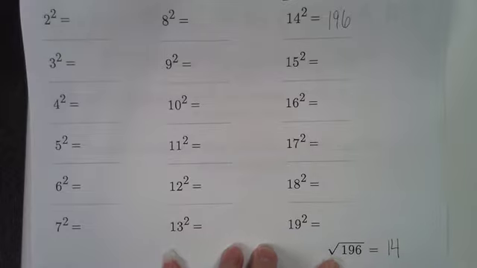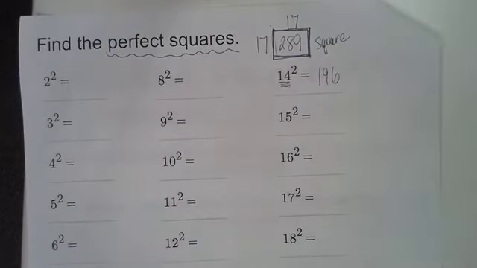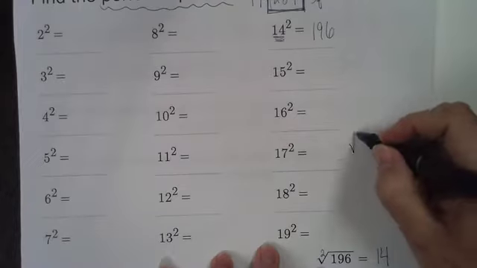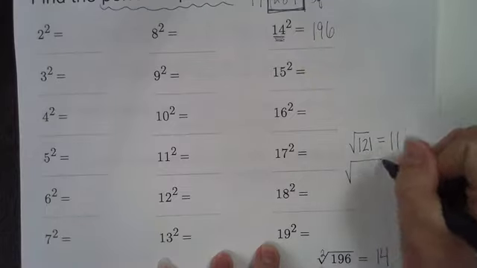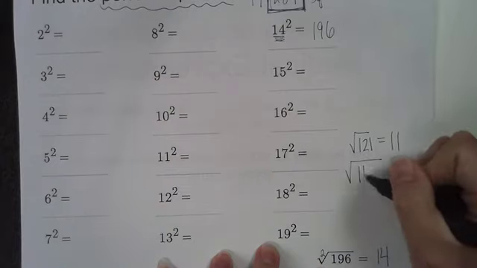Square roots, because there's this little index of 2, undo perfect squares and take them back to their base, 14 in this case. So what's the square root of 121? 11, very good.